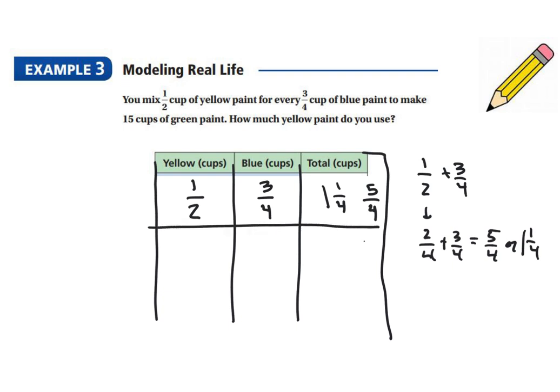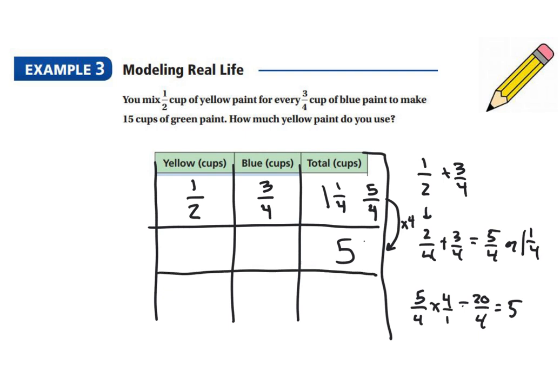If we take 5/4 and we multiply that times 4, 5/4 times 4 over 1 is 20/4, or 5. That's our total. Now let's do that again. This time we're going to multiply by 3, because 5 times 3 is 15. We want 15 cups of green paint.